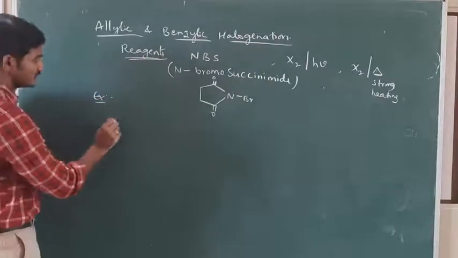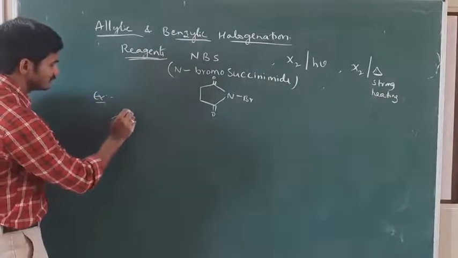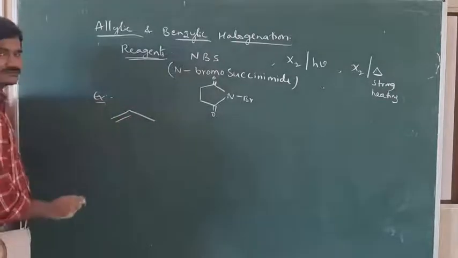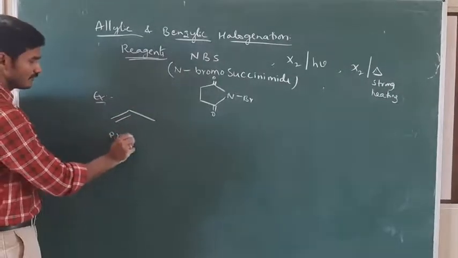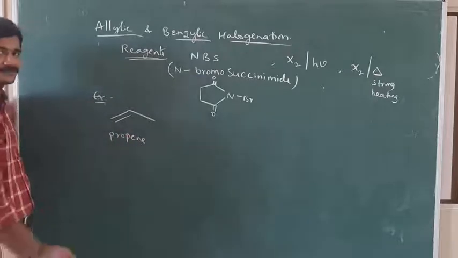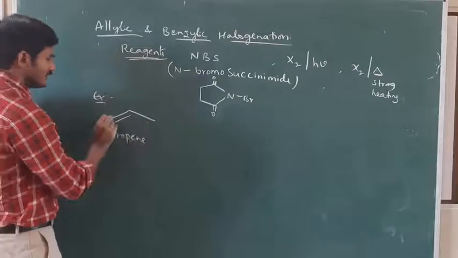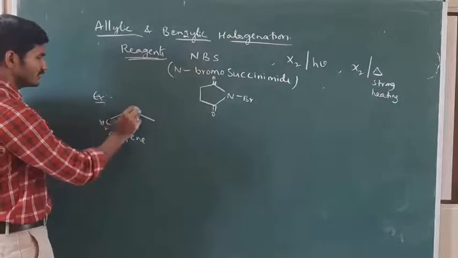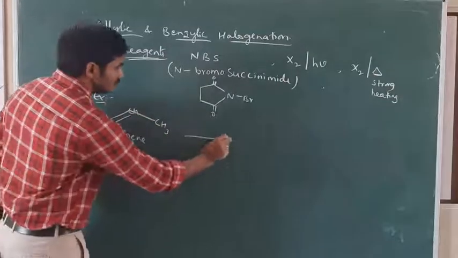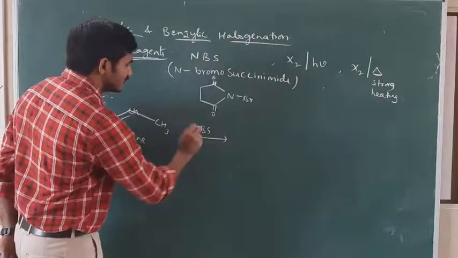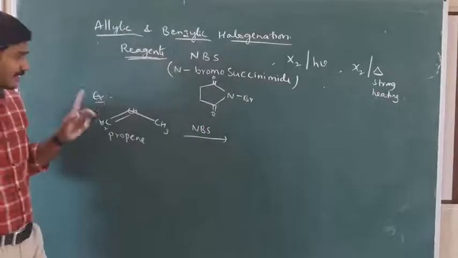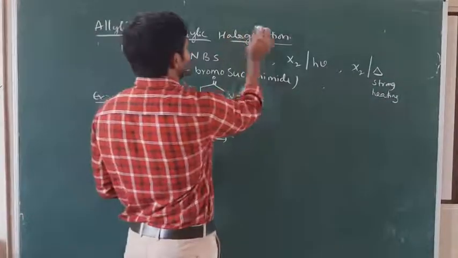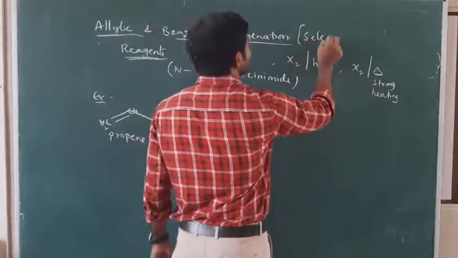Examples. So this is one molecule. What is this? Propene, right? CH2, CH, CH3, reacting with NBS. Particularly, these allylic and benzylic halogenations are selective.